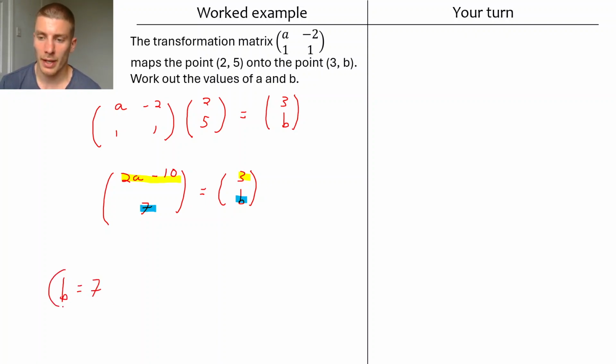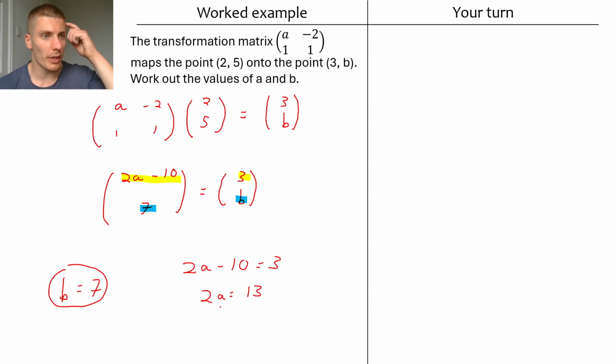That's done. And then to find a, we create an equation here. 2a minus 10 must be equal to 3. To find a, we add on the 10 to both sides. So 2a is equal to 3 plus 10, which gives you 13. Now 2 times what gives you 13? Or in other words, 13 divided by 2 is 6.5.